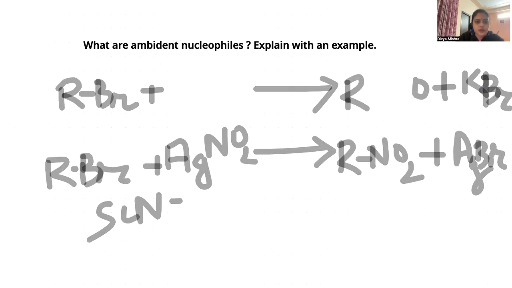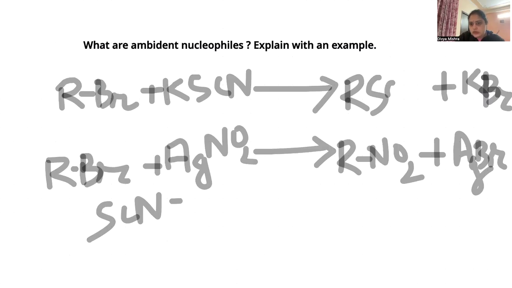What will be the product? We are taking KSCN. So the product will be alkyl thiocyanate, where the sulfur attaches to the alkyl group. So here is the product.